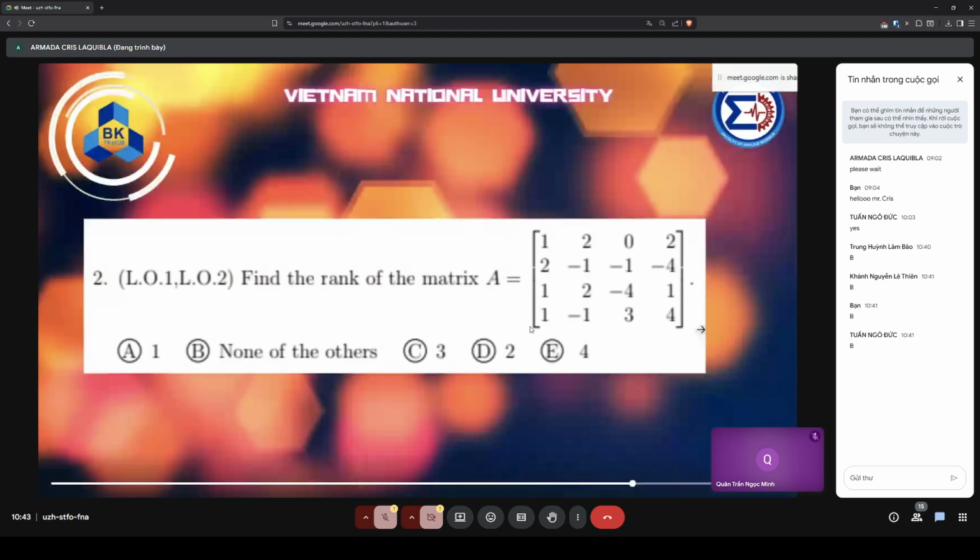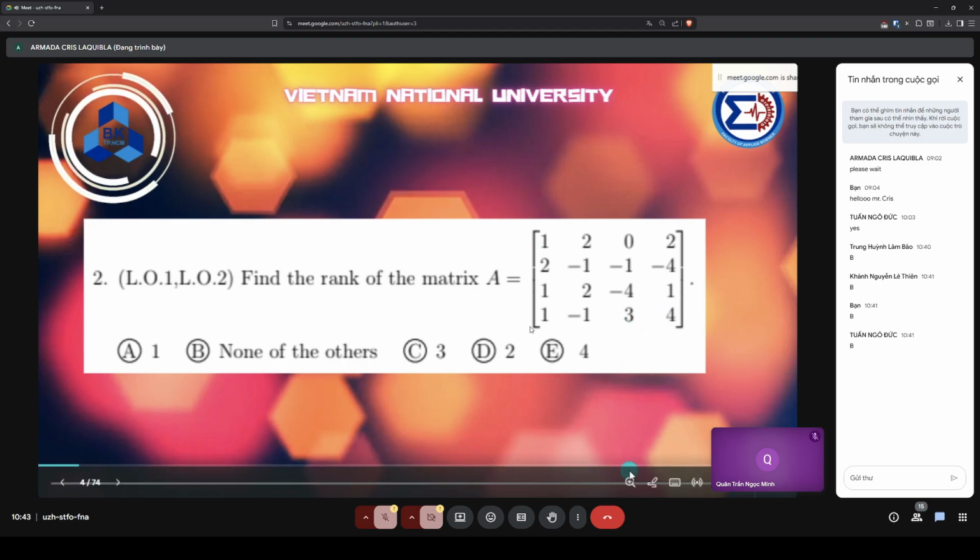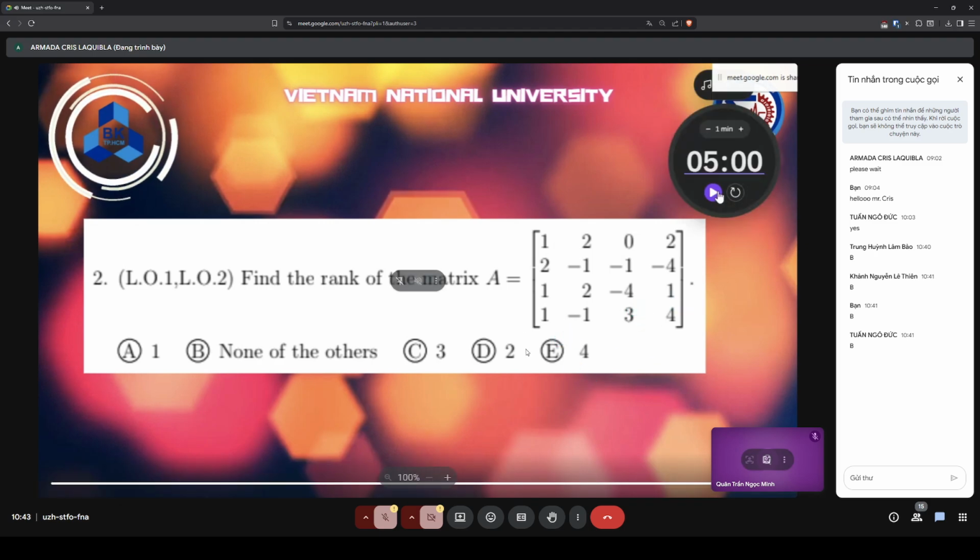There's no way to make zeros at the top part. Only here, you make this zero, and then this three here, make this zero. If you can do that, then the rank is four.